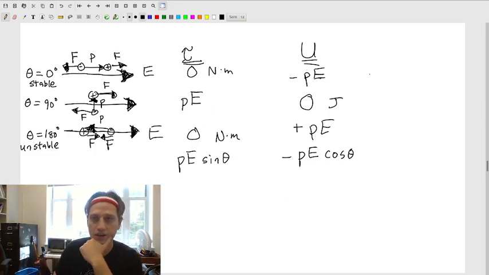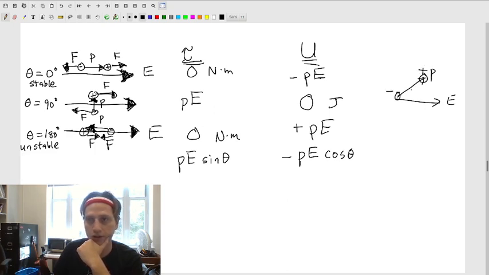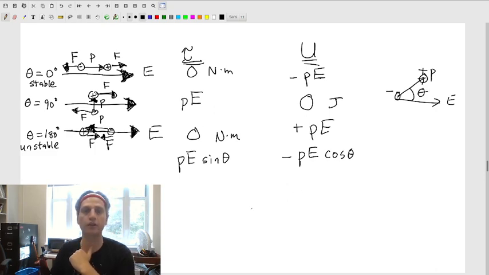Okay, so theta is the angle between my E and my P. So there's the minus charge, the plus charge, and this is the angle that I'm talking about.